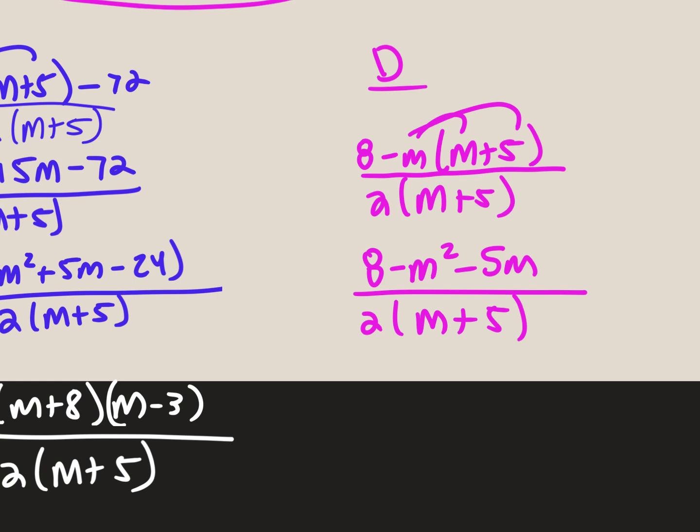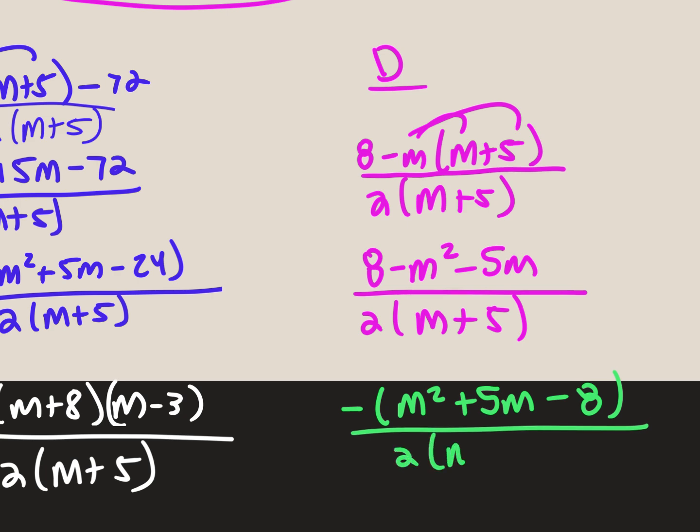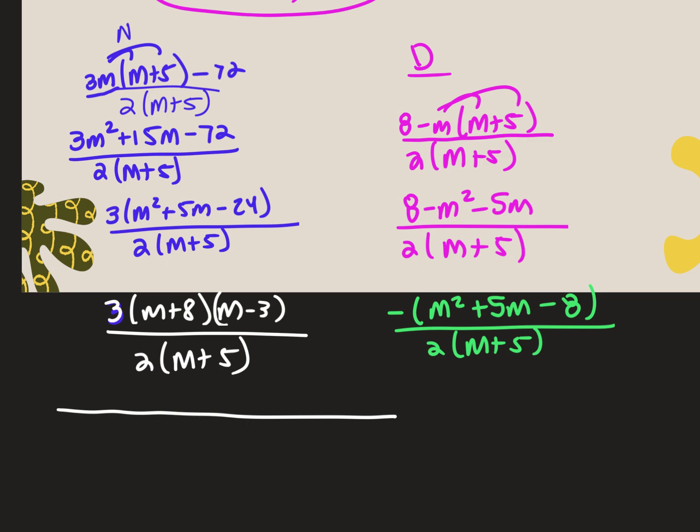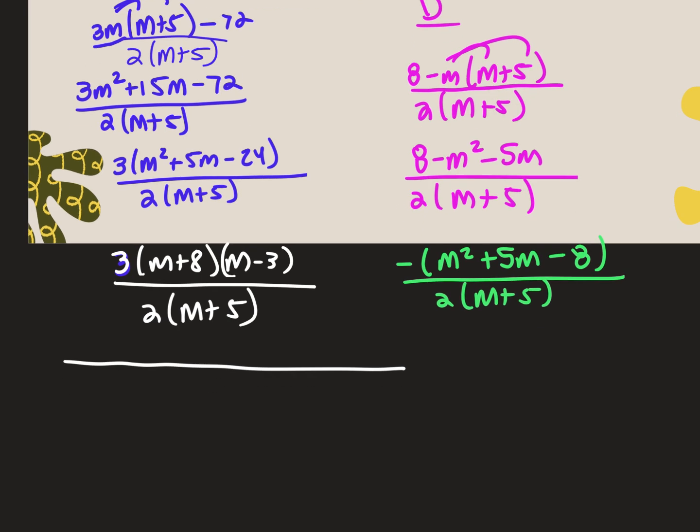Do you guys want to take out the negative as well? Okay, so I'm going to say negative 1. Then this becomes m squared, what? Plus 5m. Then what? Minus 8. Good. We took out the negative and rewrote it. So that is my denominator simplified.